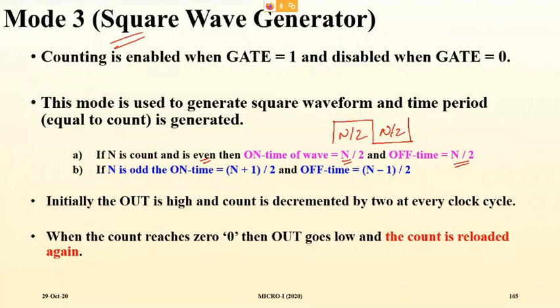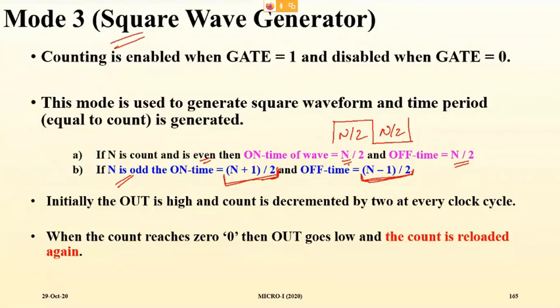High and low. But it is not possible to load an odd number into any counter and generate a perfect square wave. One clock if you want to miss, don't worry, but a perfect square wave is not possible. So what it will do is generate a square wave where it has n plus 1 by 2 time period high and n minus 1 by 2 time period low.